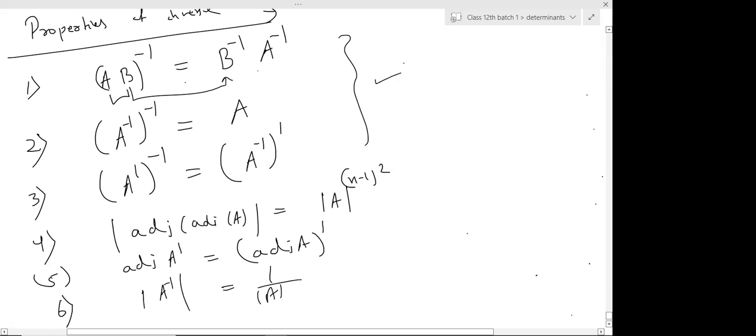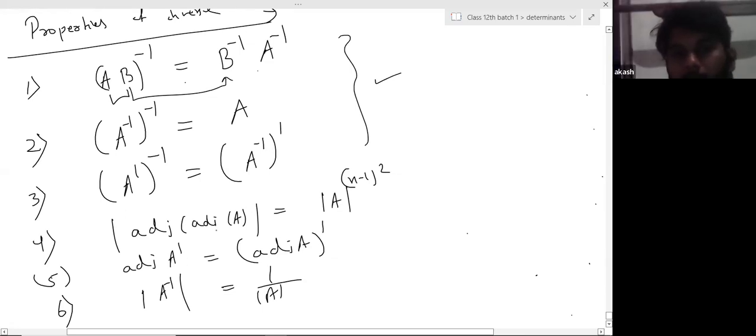Yes, sir. All right. Next is one of the most important. You can get an MCQ question in this. If you find the determinant of adjoint of A, what is the answer here?